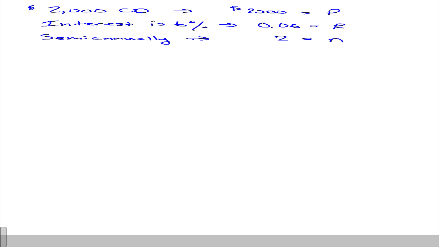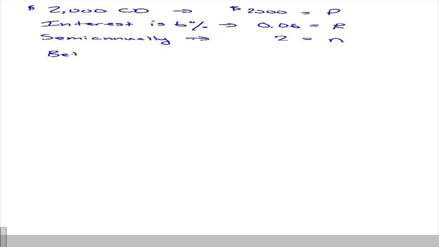The only thing we're missing is the time. So on her 6th birthday, she gets $2,000. The CD is going to mature on her 13th birthday. So how many years is it apart between her 6th birthday and her 13th birthday? It should be 7.